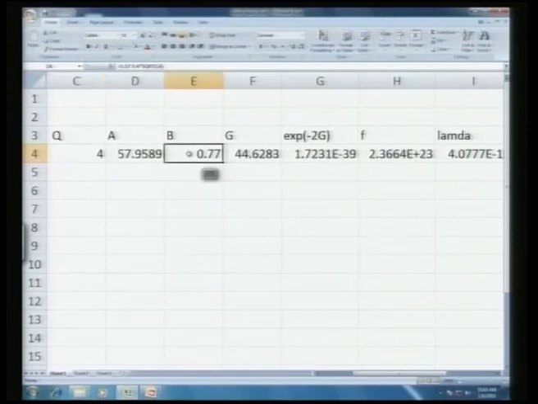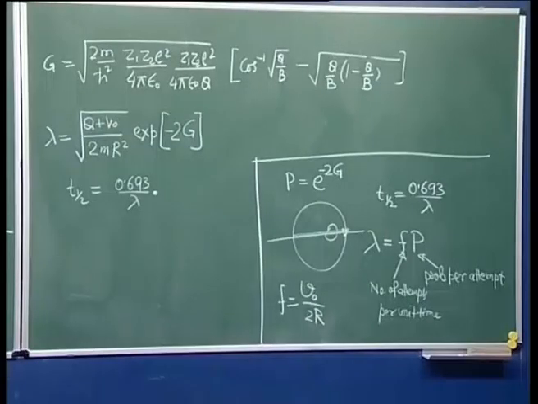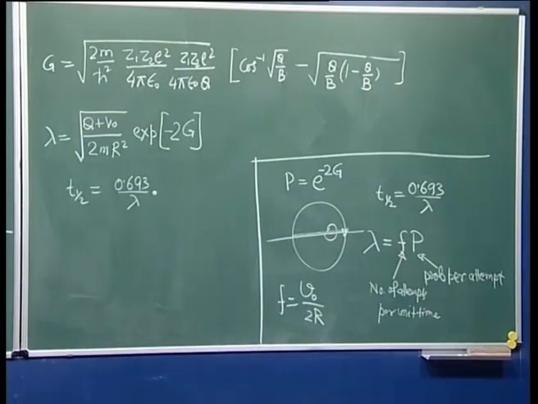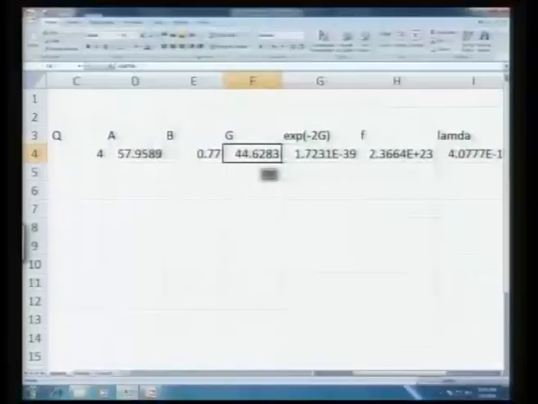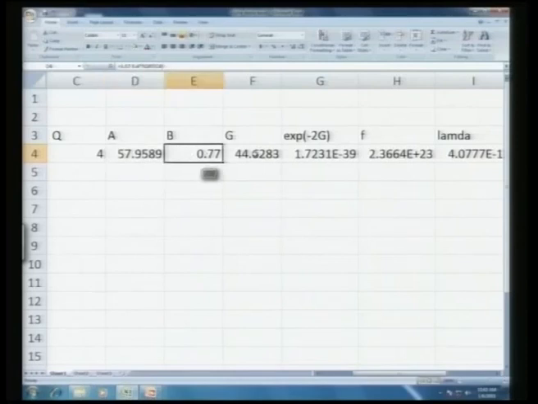Then here under the heading of capital B, this is not barrier height, this is that square bracket expression itself. I have taken that approximation, pi by 2 minus that expression 2 times square root of q by b. From there it is calculating this, and it is only multiplying these two factors and calculating g.